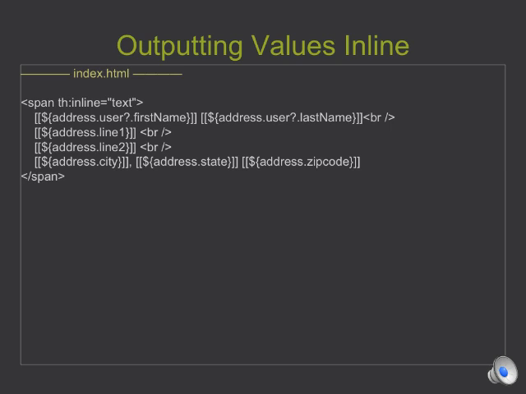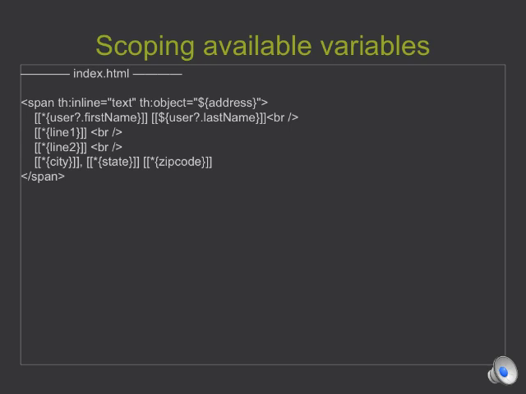But this is still not great. We're repeating ourselves quite a bit here with this address dot all over the place. And so Thymeleaf provides this th:object tag. What th:object does is whenever you put it on a DOM element, everything that's inside of that DOM element will now have access to this special different syntax that starts with a star.